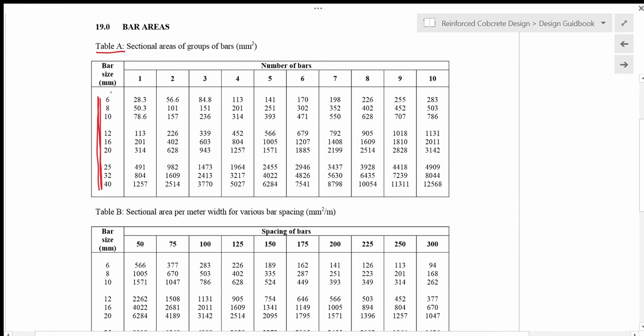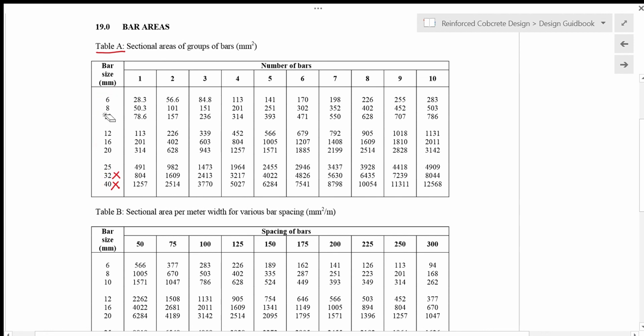The standard bar diameters are 6 mm, 8 mm, 10 mm, 12 mm, and so on until a maximum of 40 mm. However, 40 mm bars are seldom used, as well as 32 mm bars. Normally we design with the other bars only.